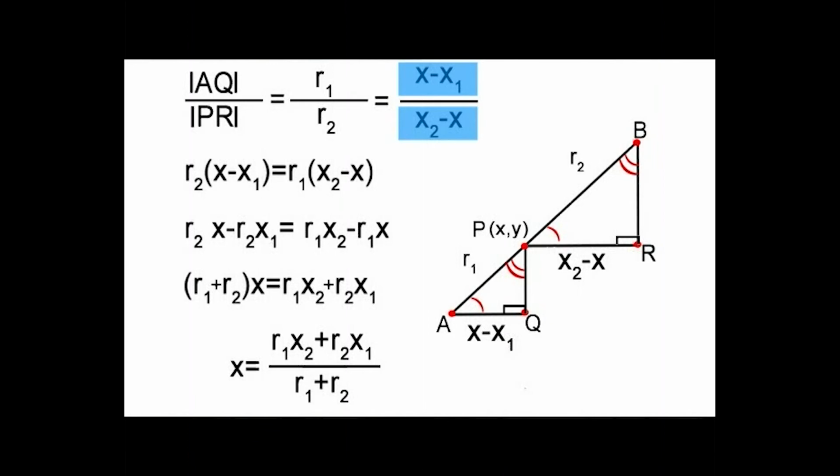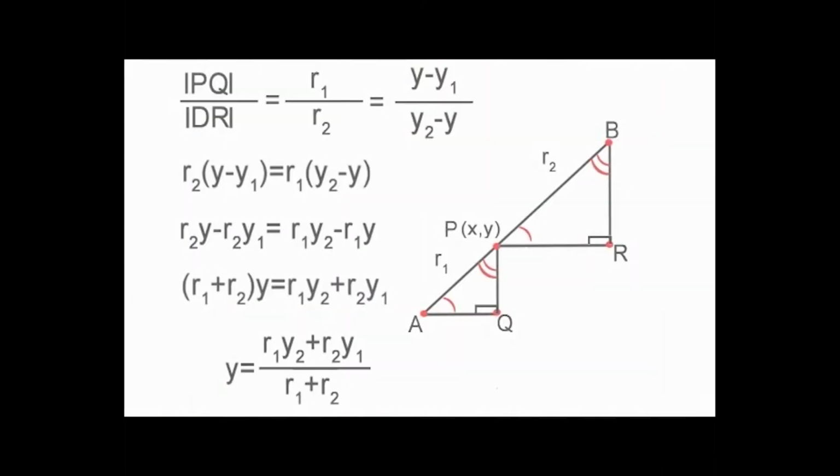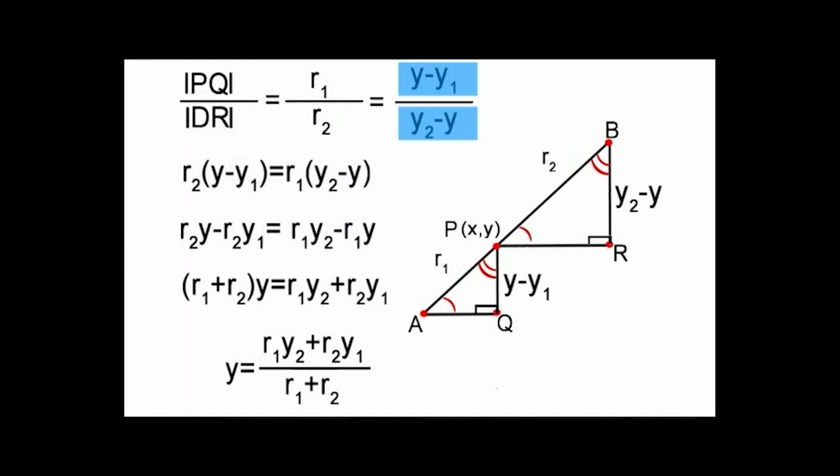Thus, the length of AQ over the length of PR is equal to R1 over R2, which is equal to (x minus x1) over (x2 minus x). And we can use this to solve for x. The y-coordinate can be determined by using the ratio of the vertical sides. The length of PQ is y minus y1, while the length of BR is y2 minus y. The ratio of PQ to BR is R1 is to R2.